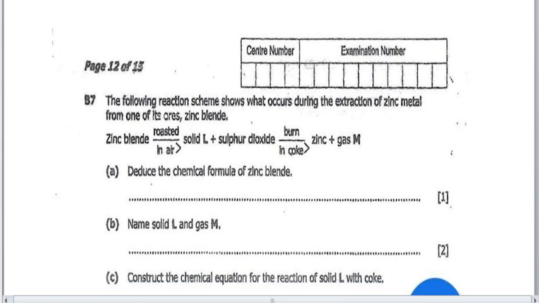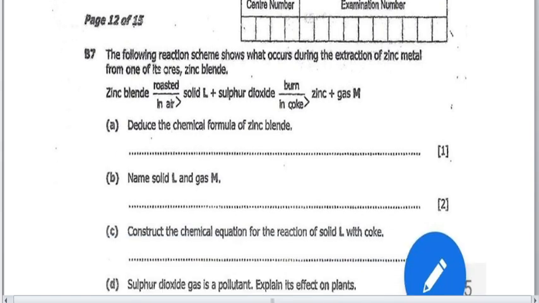Question B7. The following reaction scheme shows what occurs during the extraction of zinc metal from one of its ores, which is zinc blende. Then we are asked to deduce the chemical formula of zinc blende. Now zinc blende is just zinc sulfide, so it is ZnS.